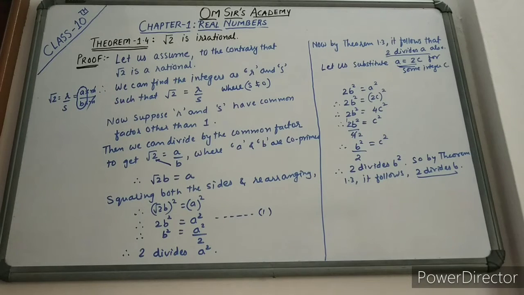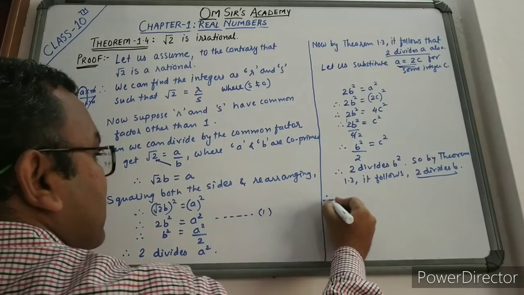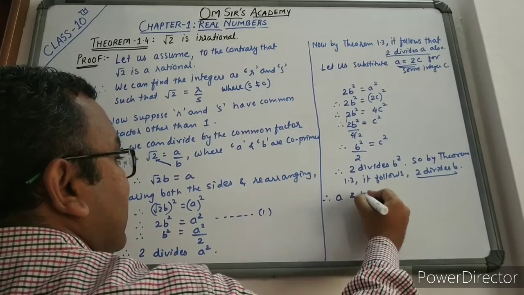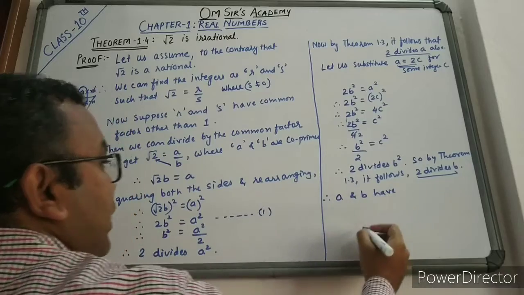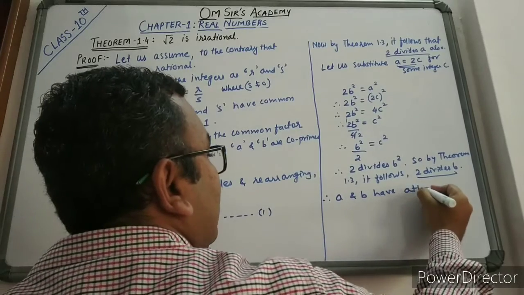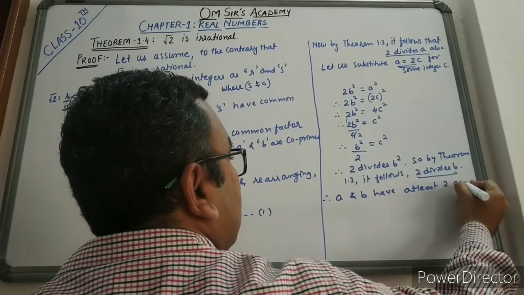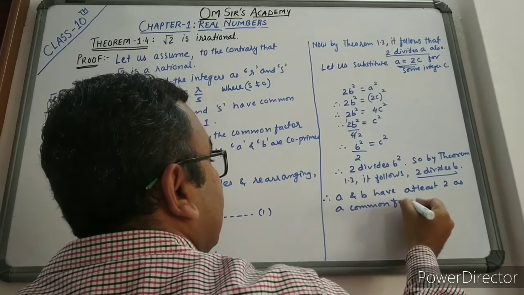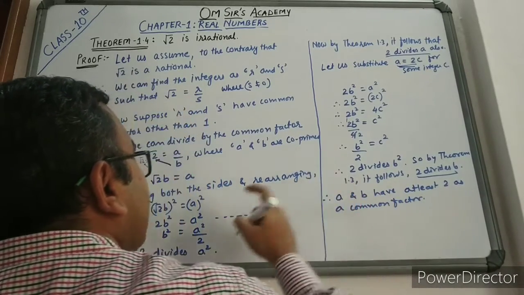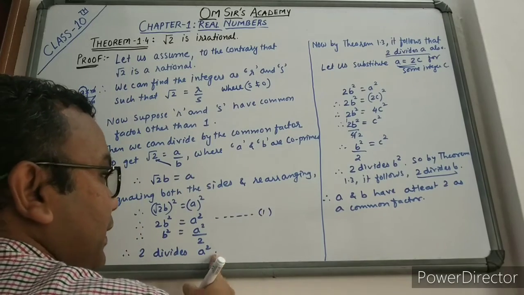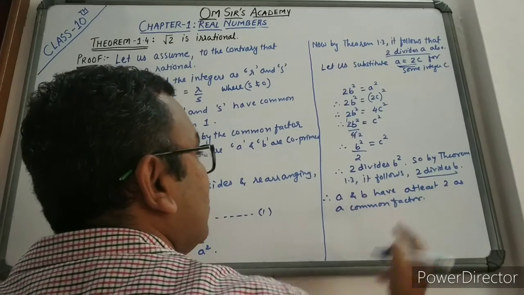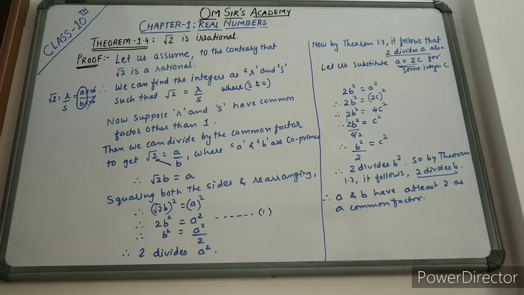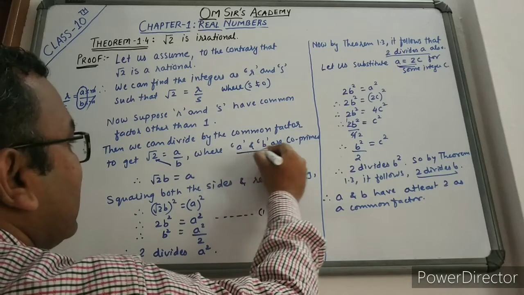ठीक है. So therefore a and b have at least 2 as a common factor. ठीक है. तो a और b दोनों 2 से डिवाइड हो सकते हैं, तो उनमें 2 दोनों में कॉमन फैक्टर है. Is it clear friends? But it contradicts our fact that a and b are coprimes. यहाँ पे हमने क्या लिया था?